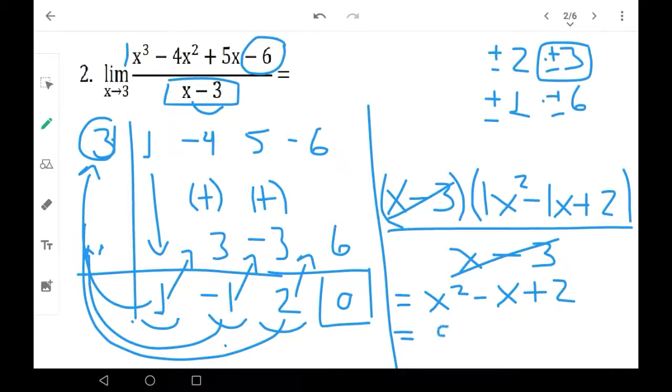So I will get here 9 minus 3 plus 2, so I will get what? I will get an 8 as a solution. So this is how Ruffini works, guys. Okay, and be careful, that's the best way to use Ruffini.